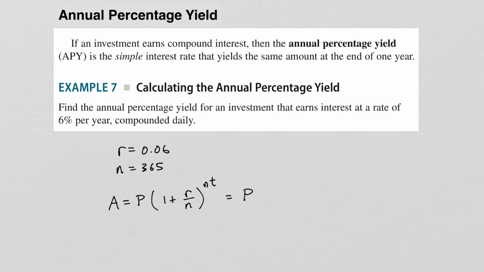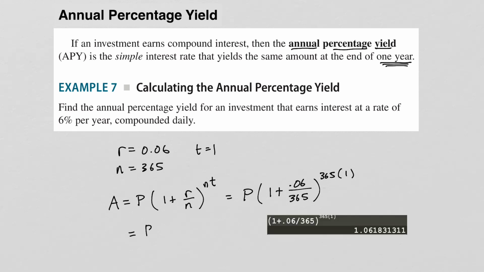We do not know what P is, but we have 1 plus, interest rate is 0.06, N is 365, and N again here is 365. And then what's T? Well, if I'm finding the annual percentage yield, T is going to be 1 year. So we're just going to plug in T equals 1.